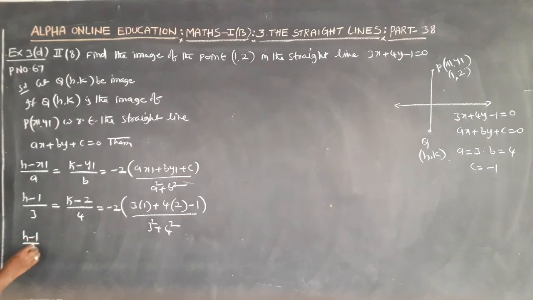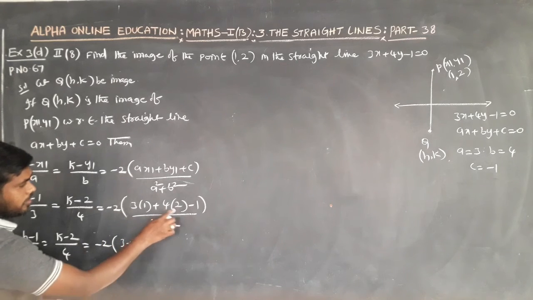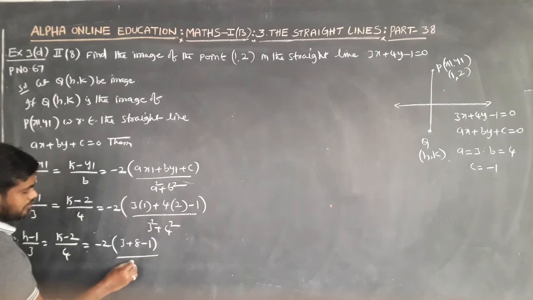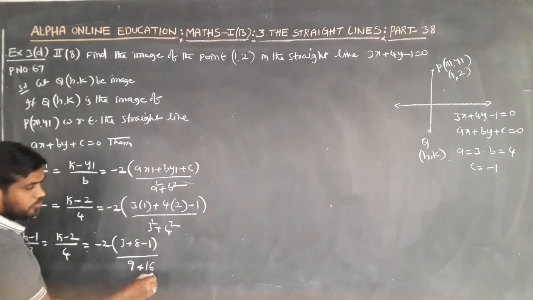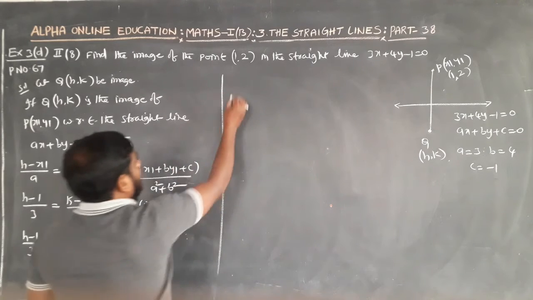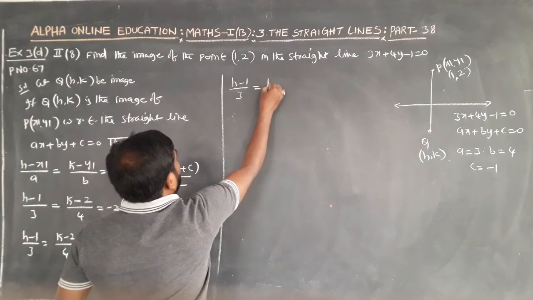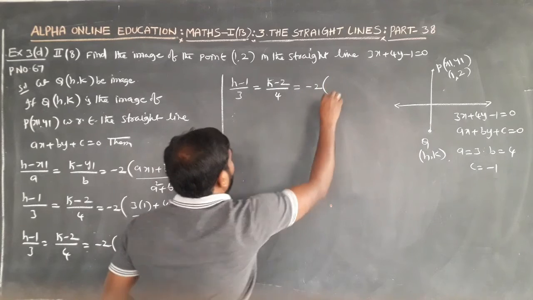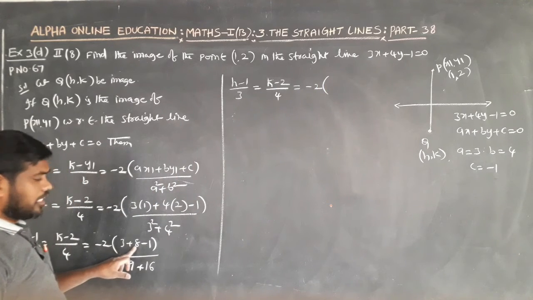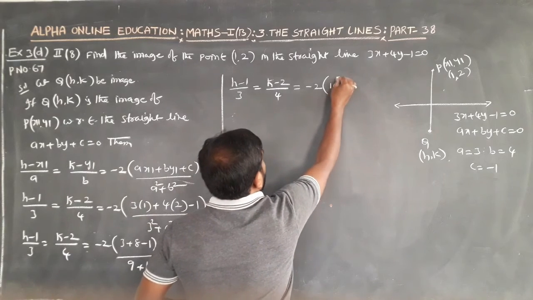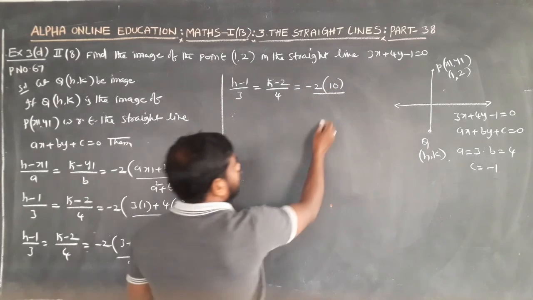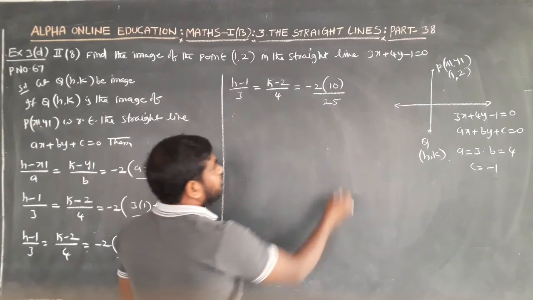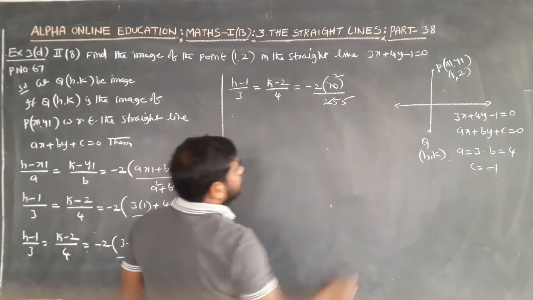Simplifying, (h - 1)/3 = (k - 2)/4 = -2(3 + 8 - 1)/(9 + 16) = -2(10)/25. Five 5s are 25, five 2s are 10.